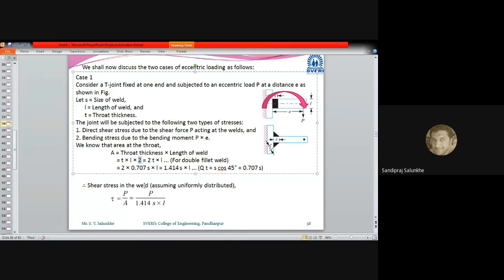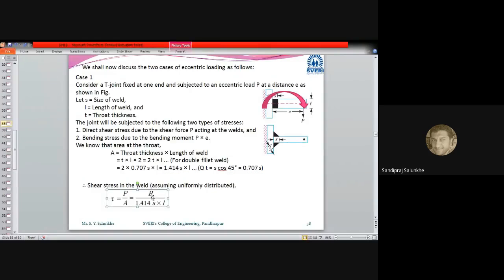Now, shear stress is calculated as force divided by area. The area which is undergoing the shear is the upper side of the weld, because the lower side will not undergo shear because of the load which is applied. So in this case, we are going to calculate the total area which will be undergoing shear.